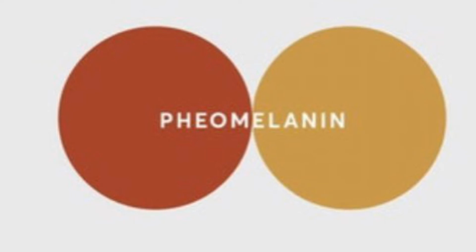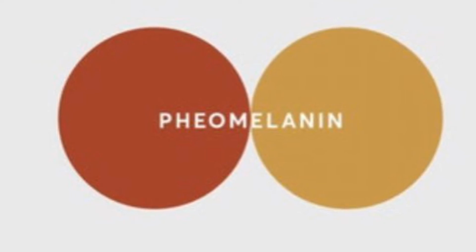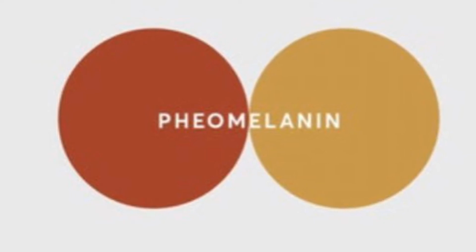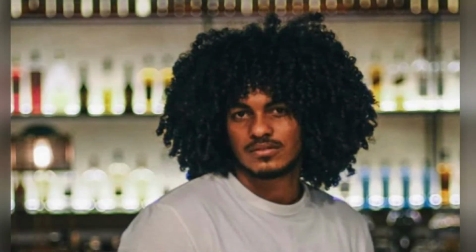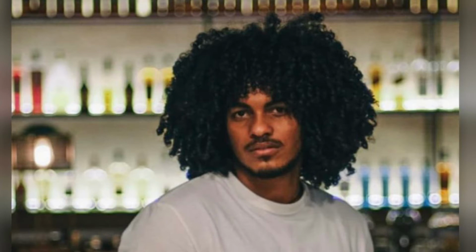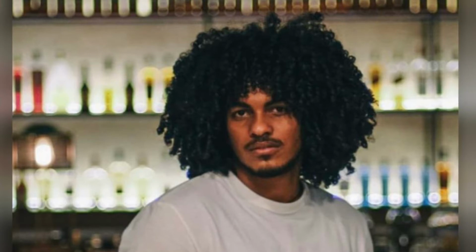Pheomelanin provides natural hair colors that range from red and ginger to yellow and light blonde tones. All natural color is dependent on the ratio of eumelanin to pheomelanin, along with the total number and size of the pigment granules. Gray hair contains only a few scattered melanin granules and white hair contains no melanin.